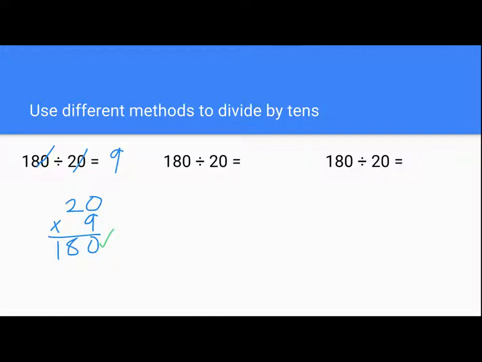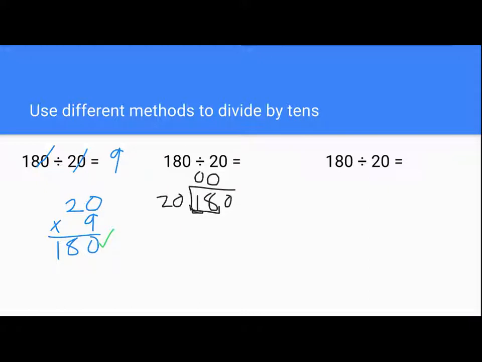There's another strategy that we can also use when dividing by tens. We could put 180 inside the house, the divisor 20 on the outside. We could think, how many times does 20 go into 1? 0 times. We want to put the 0 right above there. But now we have this 2-digit number, 20 into 18. It still can't go, so we need to put the 0 up above the tens.